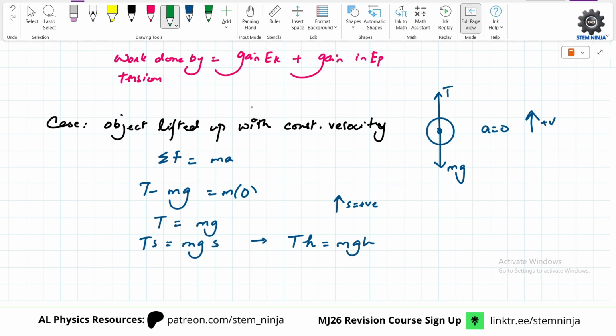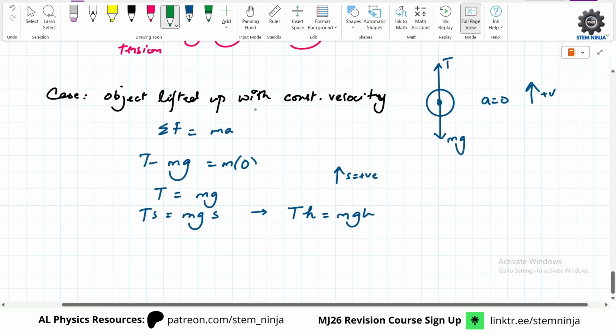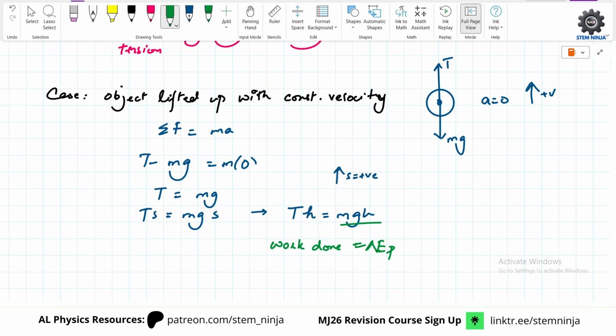I'm using s just to show you the difference between displacement and height. So this represents work done, and this is your change in potential energy. At this time there is no change in kinetic energy. We are not saying that there is no kinetic energy, but there is no change to it because it's moving with constant velocity.